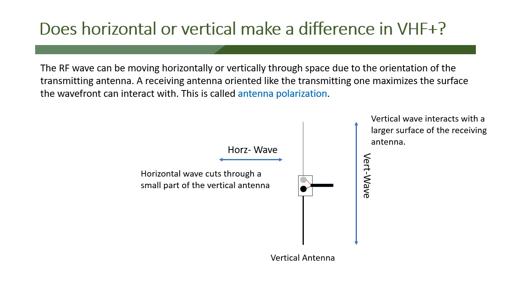So when we're dealing with space waves and ground waves, it's important in VHF and above to have the same vertical or horizontal orientation. So the transmitting antenna should be oriented the same as the receiving one, vertical and vice versa, to maximize the amount of energy transferred.